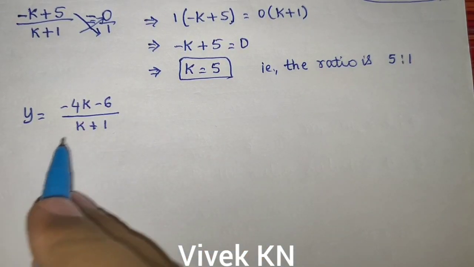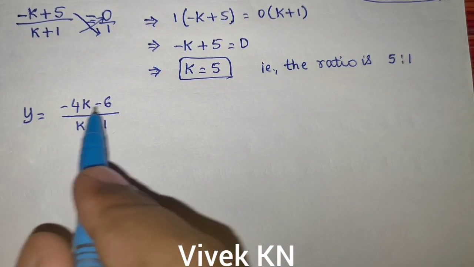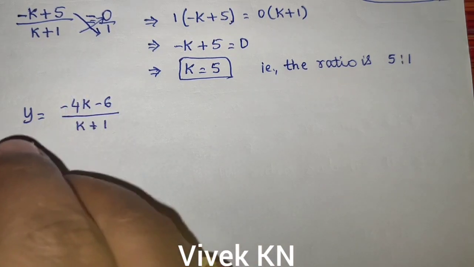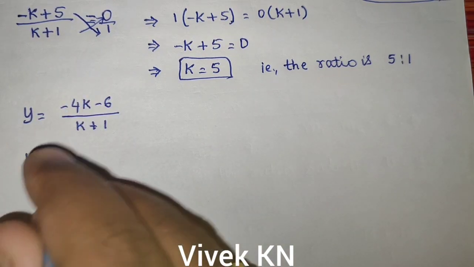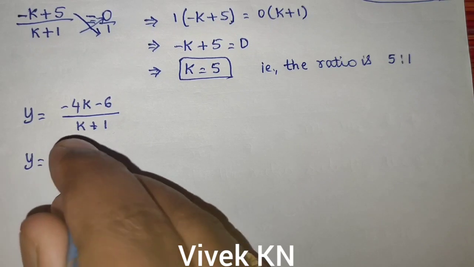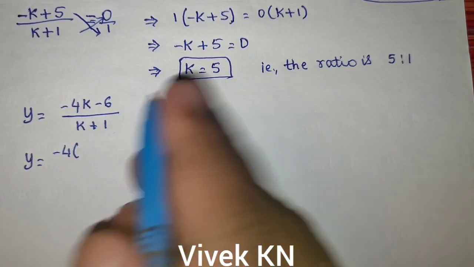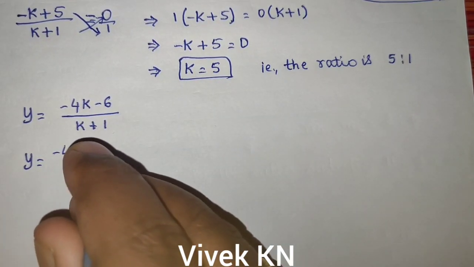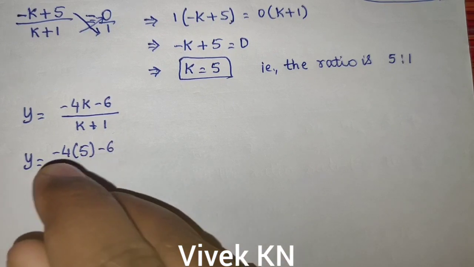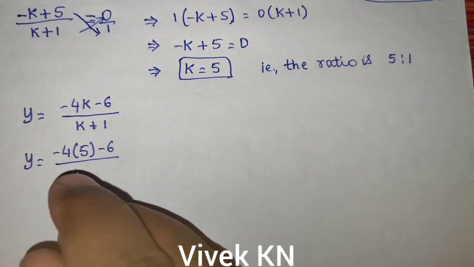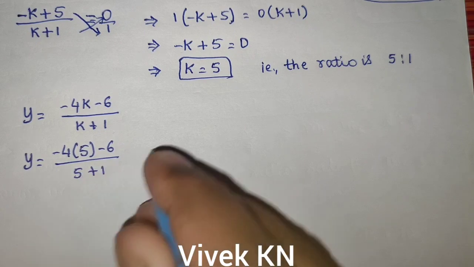Now let us substitute the value of k here. That is, y is equal to (-4 into 5 - 6) divided by (5 + 1).